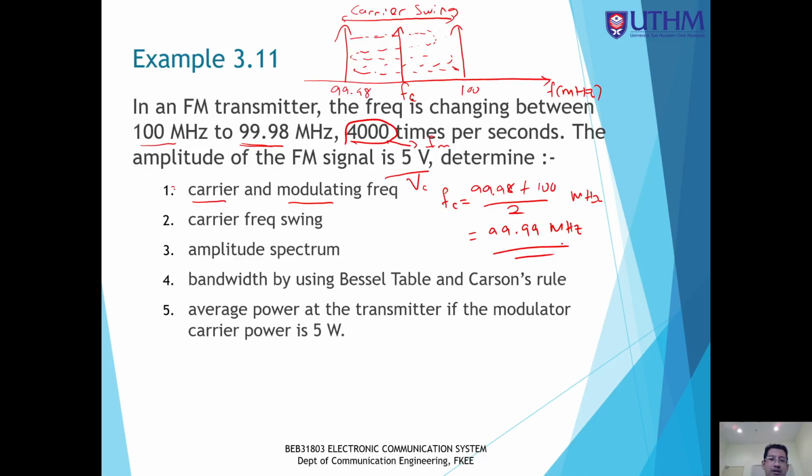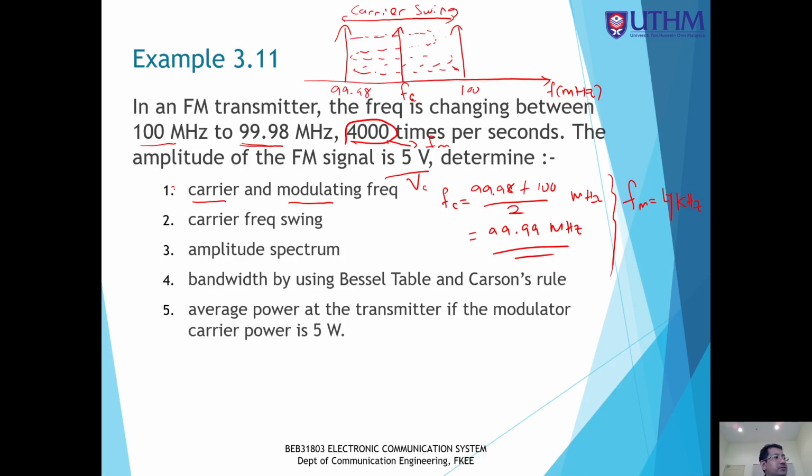For the modulating signal frequency, FM is equal to the number of fluctuations per second, which is 4,000 times per second, or 4 kilohertz, or 4,000 hertz.